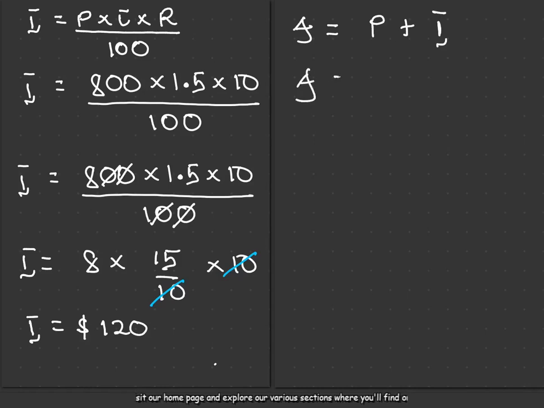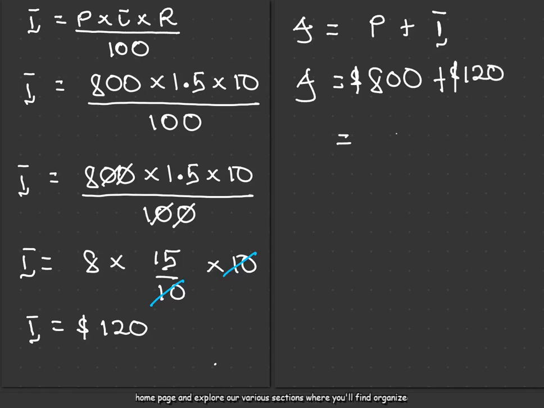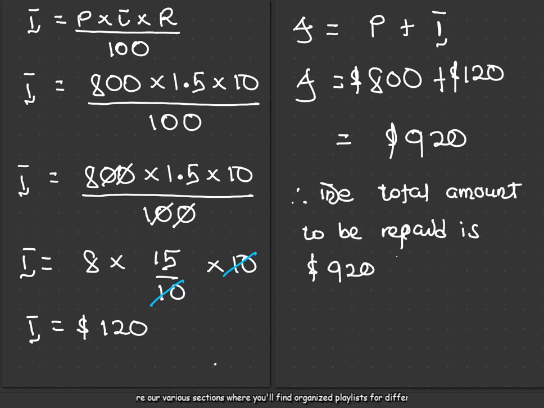So our total amount is then the principal, which was 800, plus the interest, which we have calculated to be 120. Adding this then gives us 920. So this here is the total amount. So we say, therefore, the total amount to be repaid is $920. And that is it.